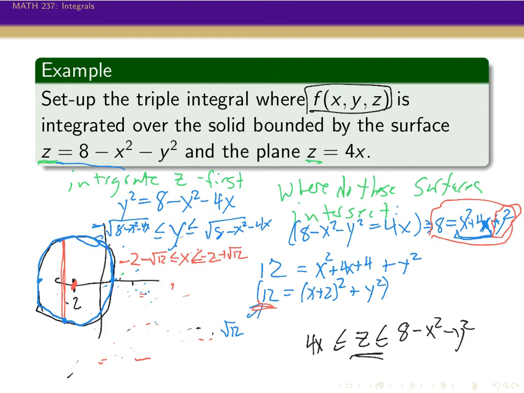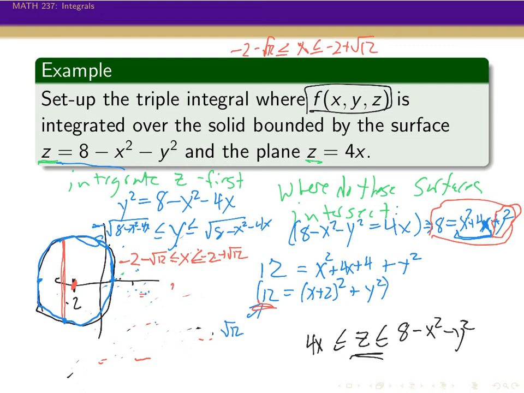Let's copy these up. So we're integrating in terms of x last. So let's put them on top. It's minus 2 minus square root of 12 to minus 2 plus square root of 12.